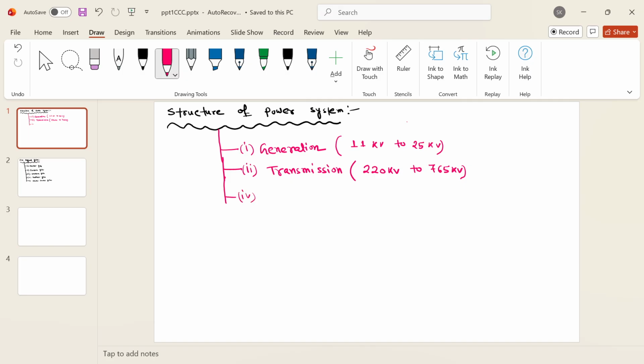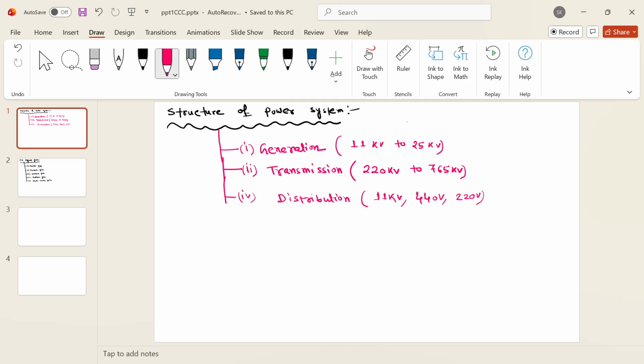Distribution can be primary distribution and secondary distribution. Primary distribution is where the distribution voltage level will be around 11 kV. For the secondary distribution, we have 440 volt for three phase, and for single phase it can be 220 volt or 230 volt.